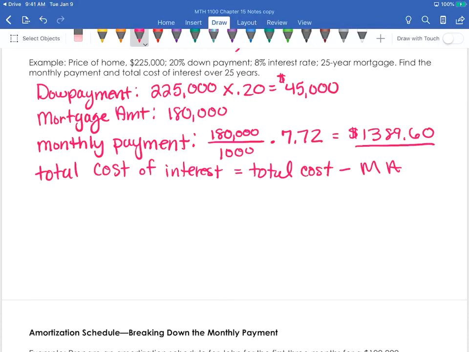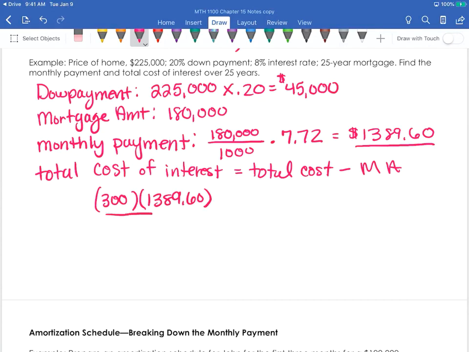Now, I'm making monthly payments of $1,389.60. I'm doing this 12 times a year, because it's monthly, for 25 years. So that means that's 300 payments, because I take 25 times 12. And I'm going to multiply that by $1,389.60.